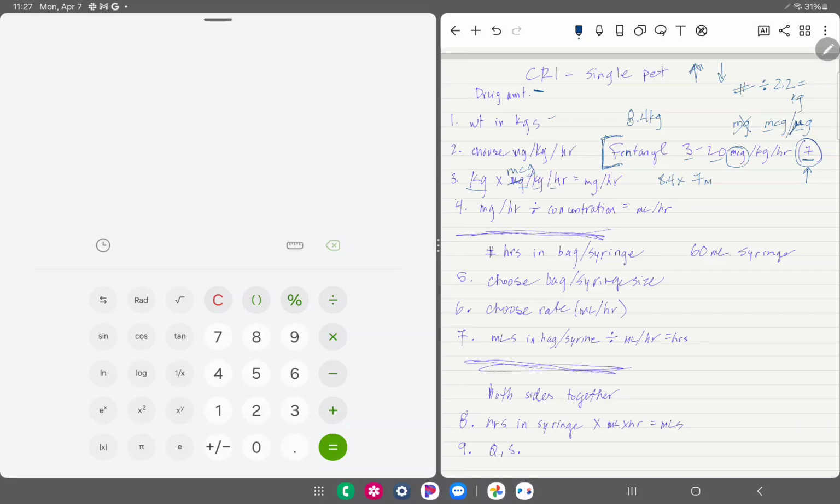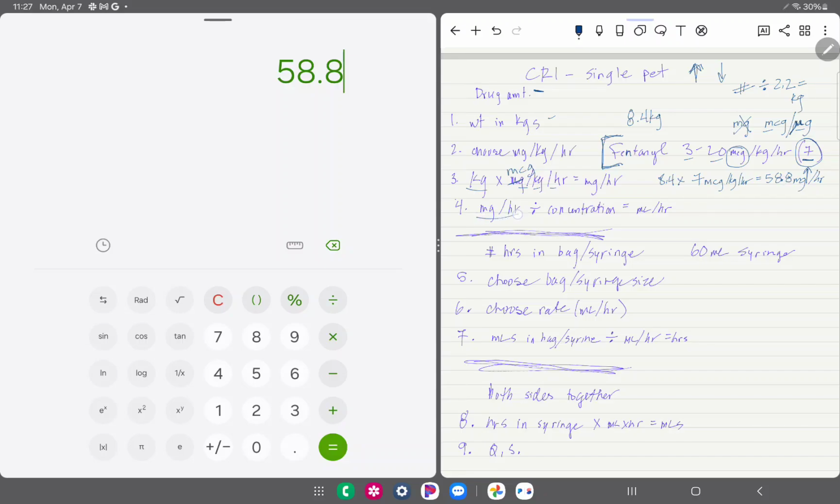And if we start with mig and we end with mig, we can do our calculation just fine. So mic per kg per hour, and then that's going to end up with mic per hour. So 8.4 times 7 will get us 58.8 mic per hour that I need.